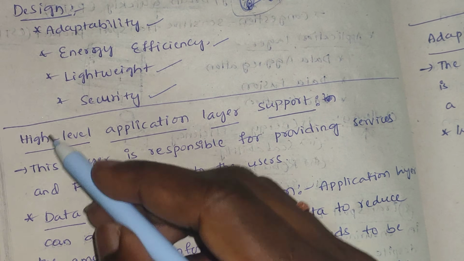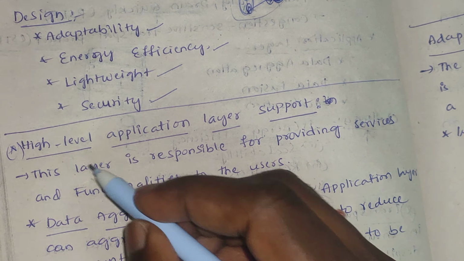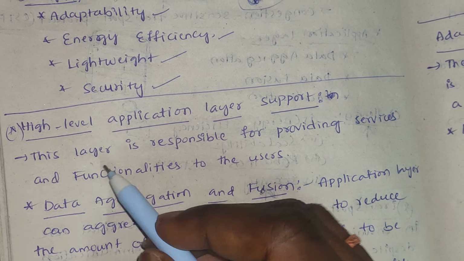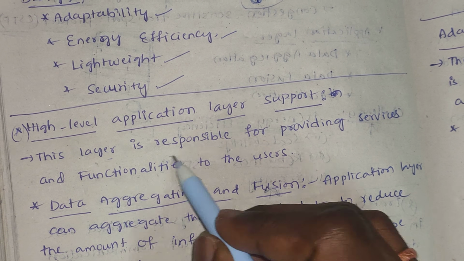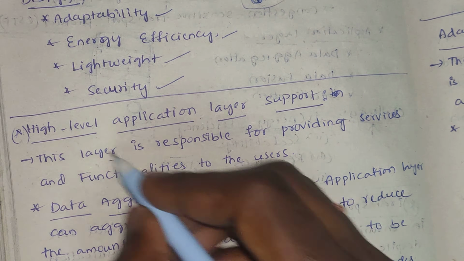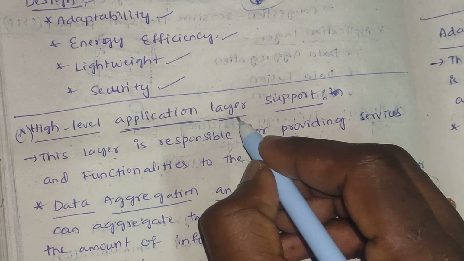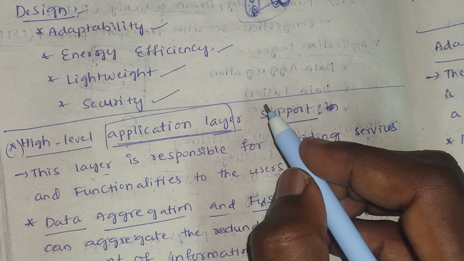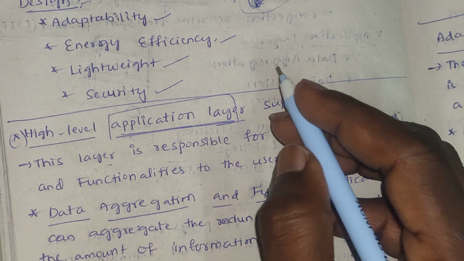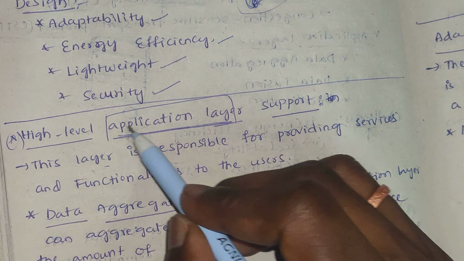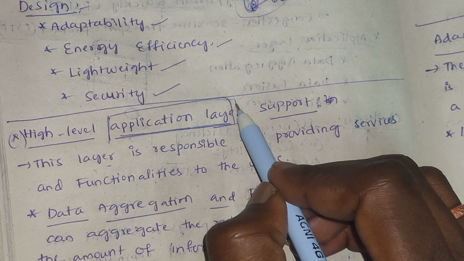Next topic is high level application layer support. This layer is responsible for providing services and functionalities to the user. What is the upper layer? In the upper layers we have the application layer, as well as one more layer, the transport layer. We discussed the transport layer just before, and now we discuss the application layer.